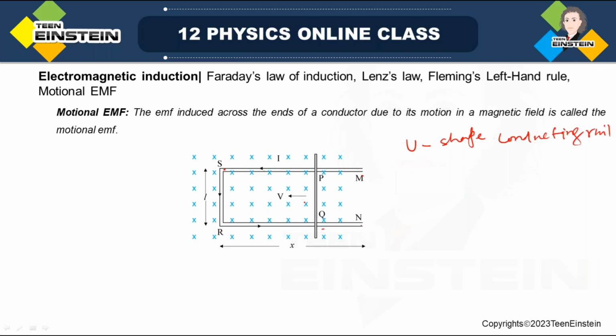The magnetic field here is uniform and into the plane of the paper. Now see, this PQ conductor is making a closed loop, PSRQP.